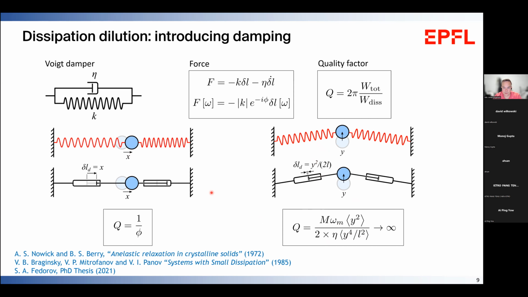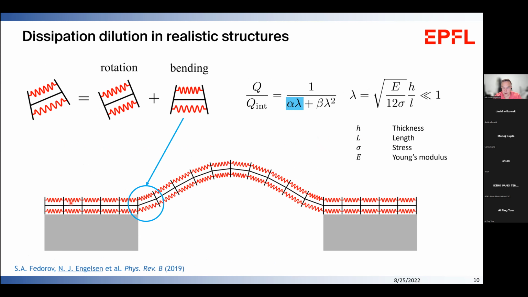So in a real material, for example, this spring model of a uniform string, so just a string with constant width, we can consider that the material has a rotation part and a bending part when we have some mode that's vibrating up and down like this.